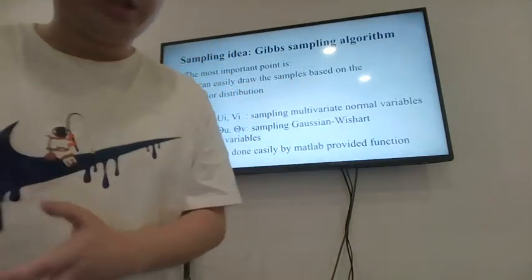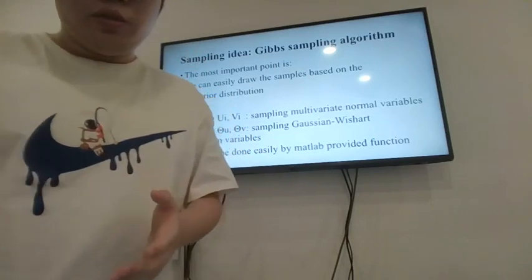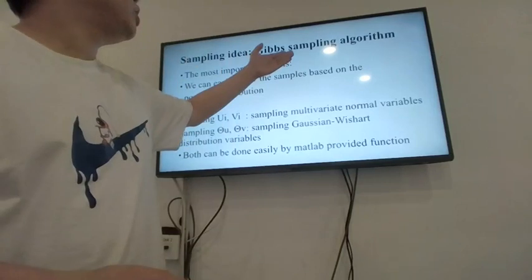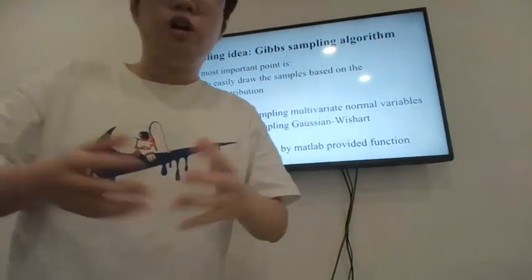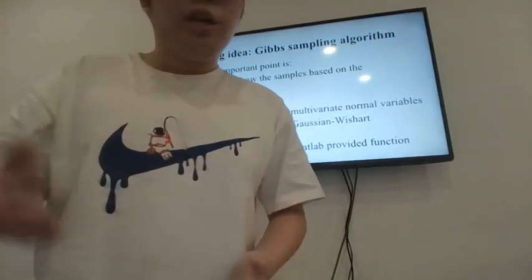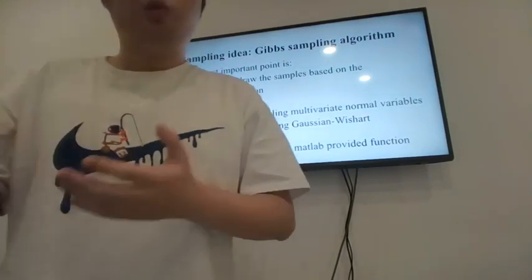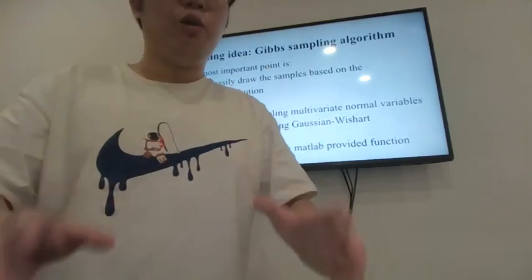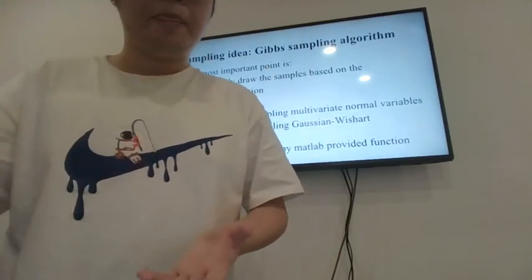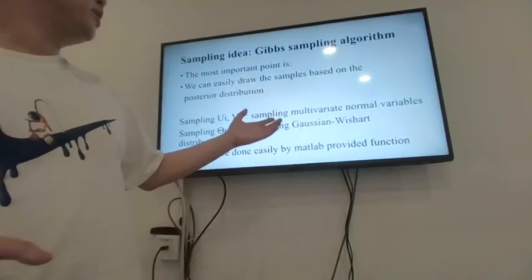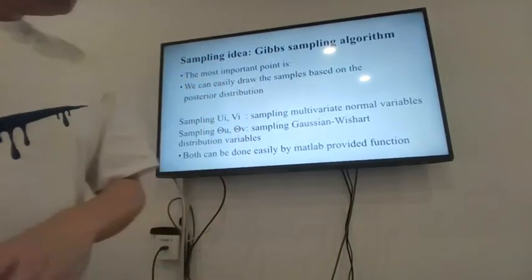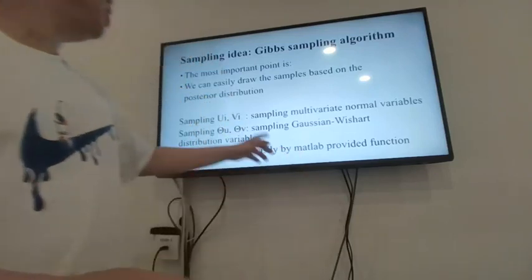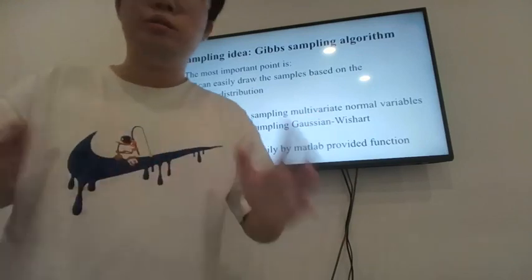Another important point is that if we want to use MCMC, in this program we use the Gibbs sampling algorithm. If we want to use the Gibbs sampling algorithm, the most important point is that we can easily draw samples from our posterior distribution. But luckily, we can do this in this problem. Because to sample Ui and Vi, we just need to sample multivariate normal random variables.